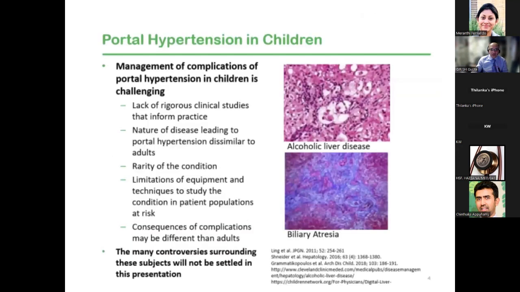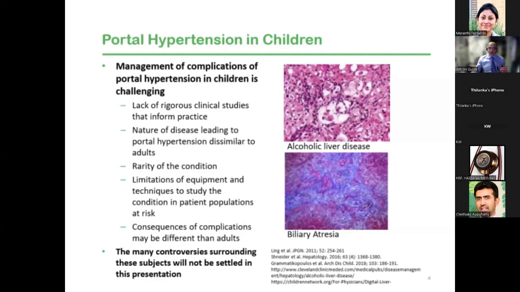I won't go into it. But portal hypertension in children is definitely different from adults because in adults, some diseases, not necessarily alcoholic liver disease, but some other diseases, are much more common than what we see in children. So that's why there is a lack of rigorous clinical studies that inform our practice in the management of portal hypertension. The nature of liver disease and the progression of the liver disease that we see in children is dissimilar to that seen in adults.